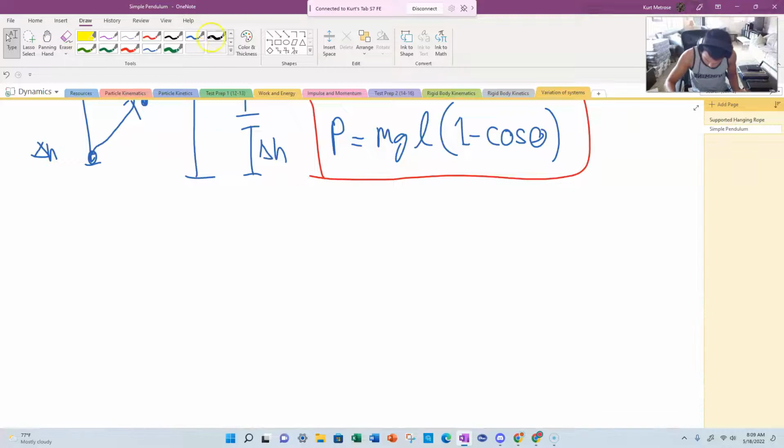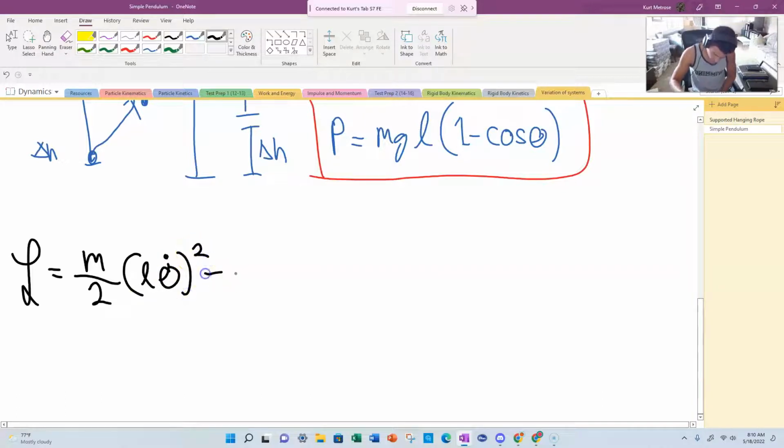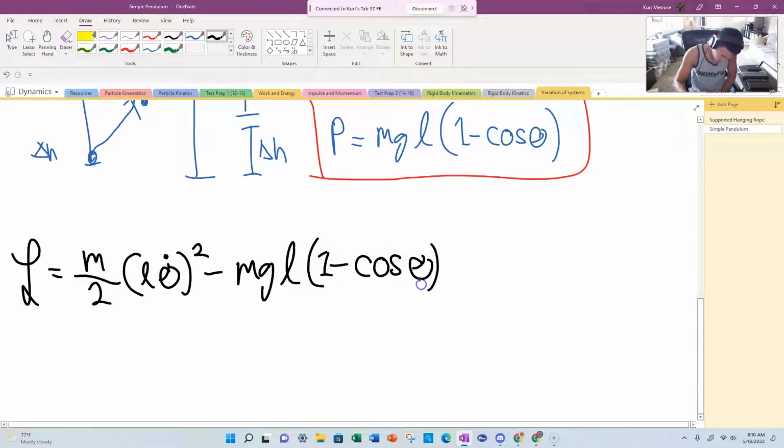We should note that the Lagrangian is going to equal the kinetic energy minus the potential energy, which would be m over 2 times L theta dot squared, minus the potential energy, which is mgL times 1 minus cosine theta.